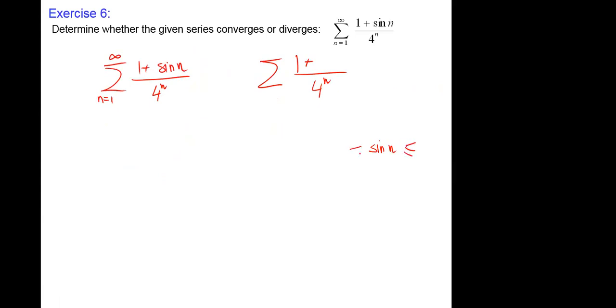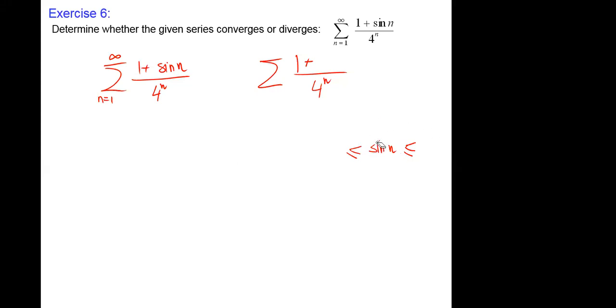Trigonometric ones are always fun. What I can do is keep 4 to the n, I can keep 1, but now can you tell me, sine of n, what's the range for sine of n?